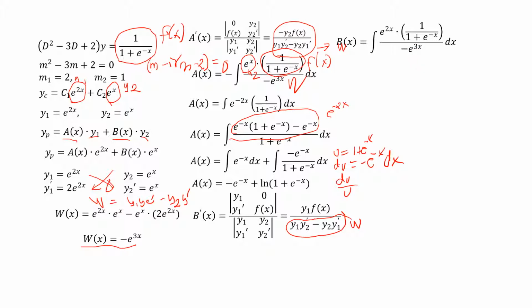So simplifying, this is the integral of negative e to the negative x over 1 plus e to the minus x dx.